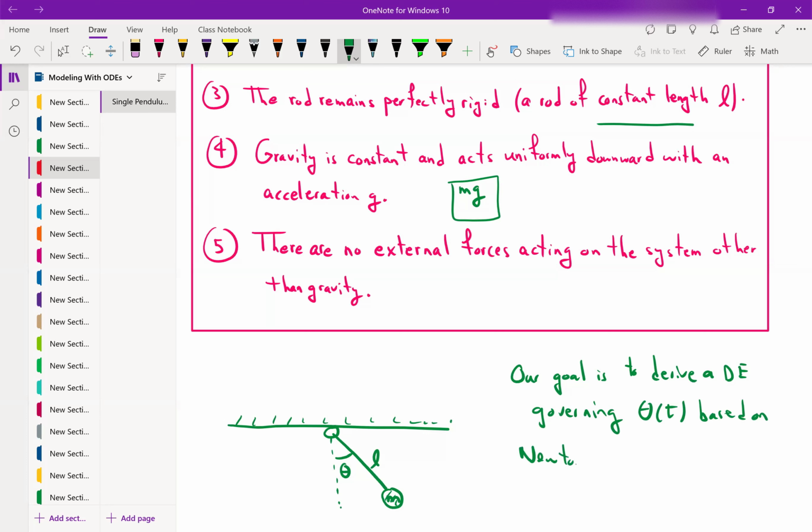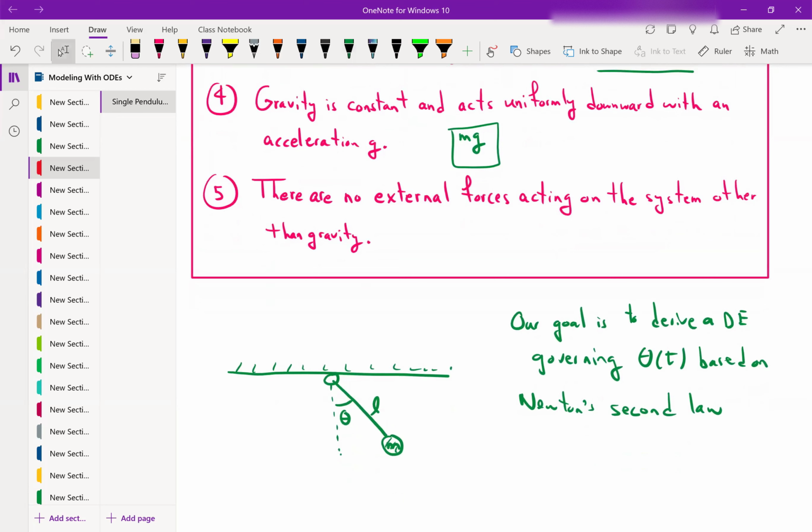We will use Newton's second law to derive this differential equation. As you will see in this example, I'm not going to solve the differential equation. I will make some comments about it, but we will not actually do the solution part in this example.